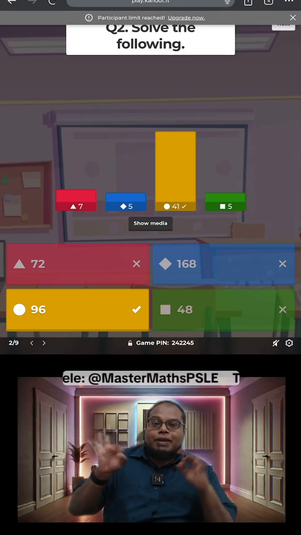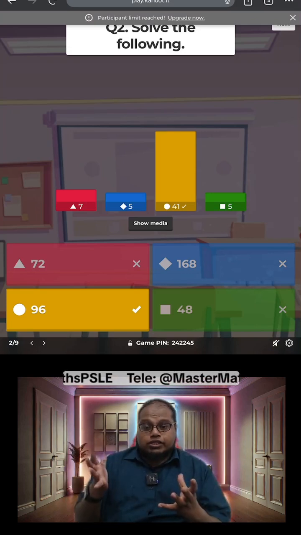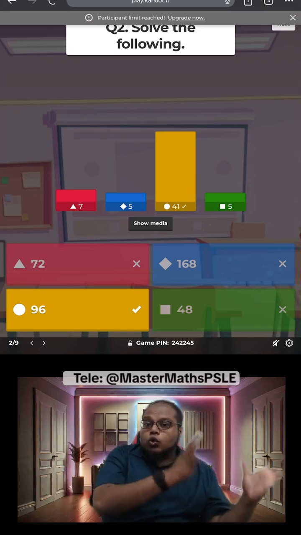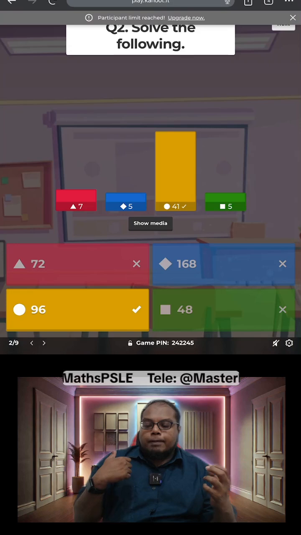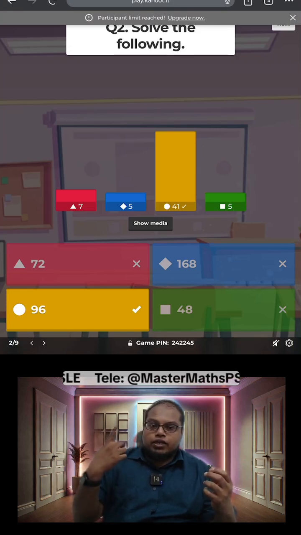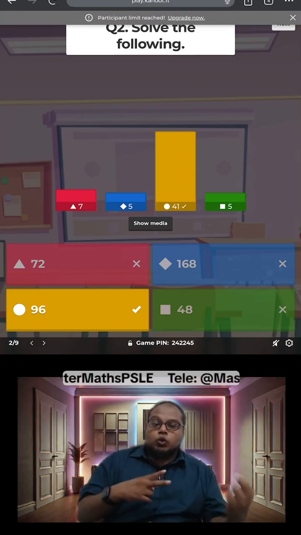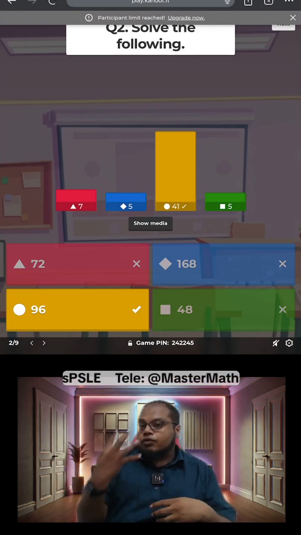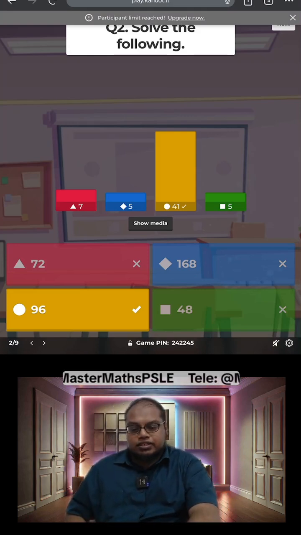Because 3 plus 7, 240 is the total. So you need to find the total units. That total units is your 240. Then, as per normal, you find 1 unit, then you find 4 units. Or you can find 2 units, then times 2 to get 4 units. Why 4 units? We'll cover that in a moment, during the solution session.